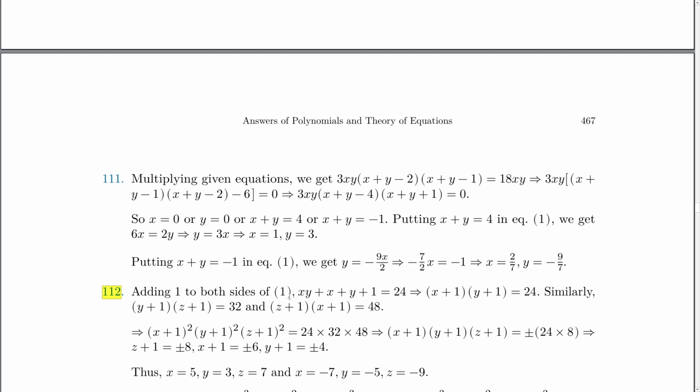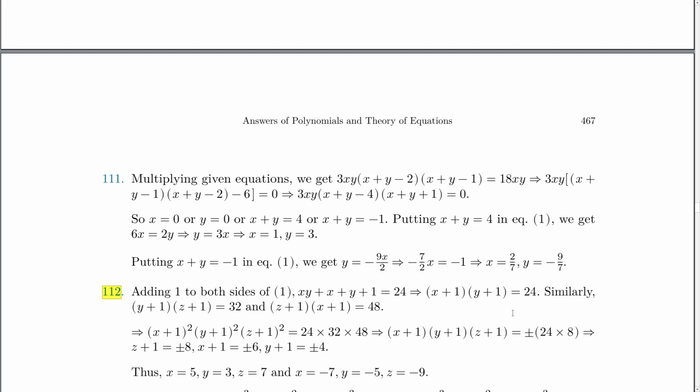Once we have three equations, we multiply all of them. We get (x + 1)^2 (y + 1)^2 (z + 1)^2 = 24 × 32 × 48. Then we take the square root. We get (x + 1)(y + 1)(z + 1) = ±24 × 8.